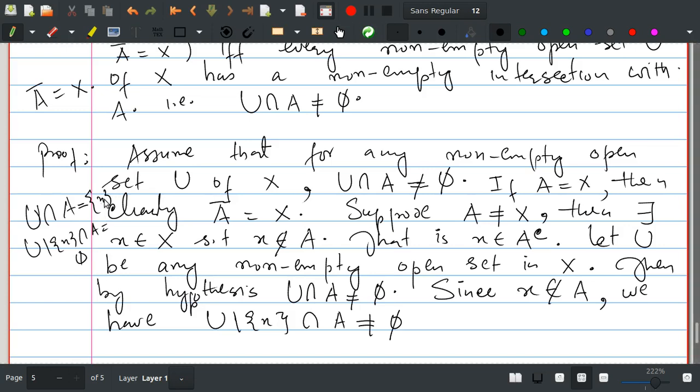But this intersection cannot be just x because x is not in A. So by removing this x from U, this intersection is still non-empty.